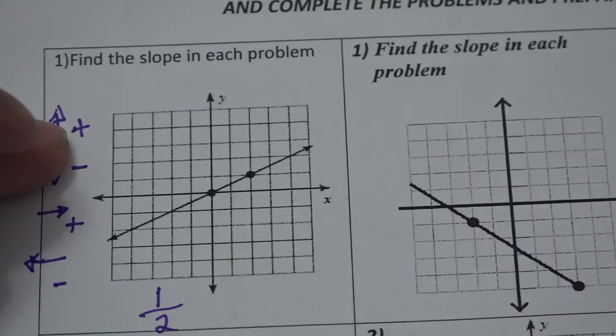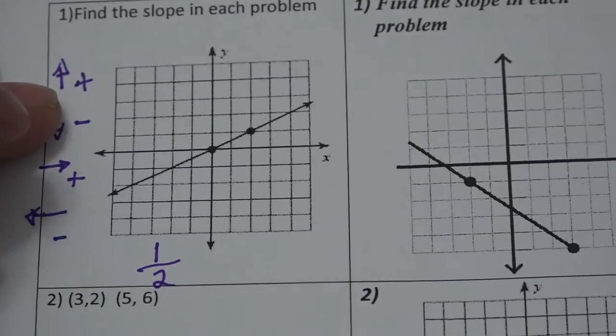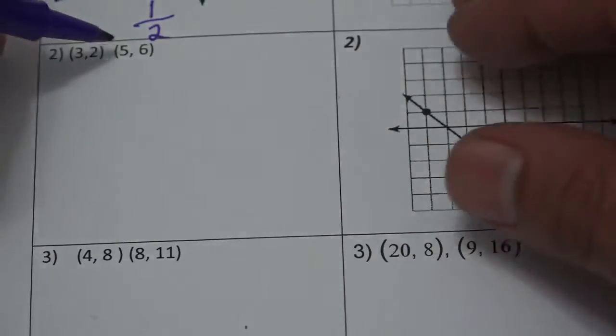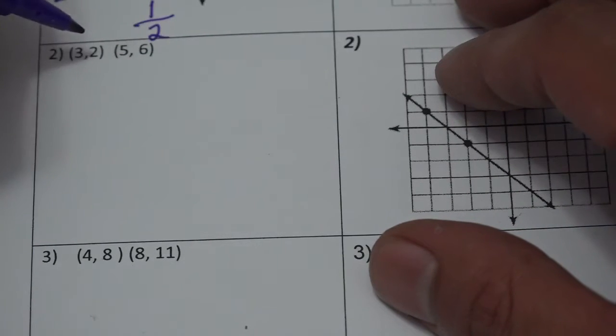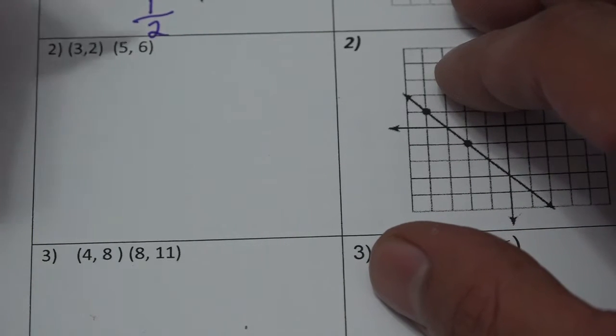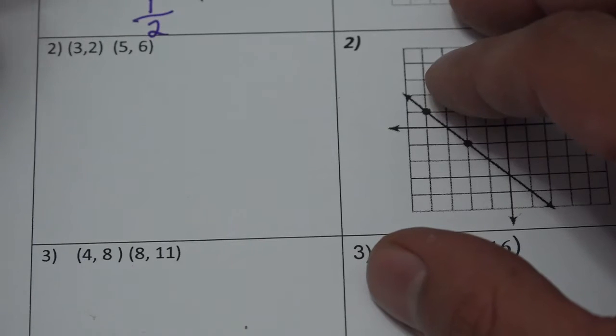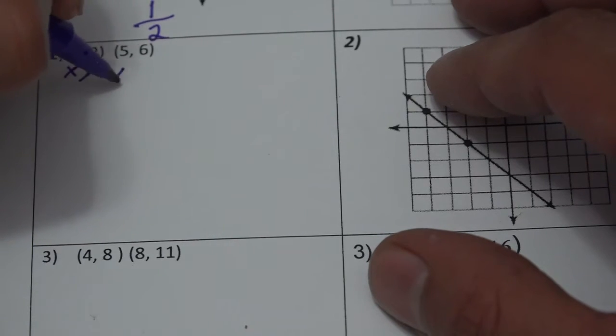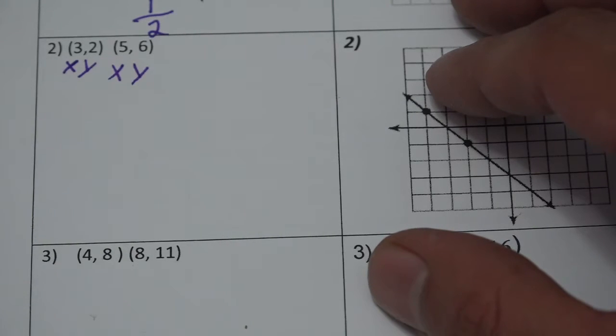Now let's do the next one. Find the slope between these 2 points. Sure. This time I need to do it algebraically. That's not a problem. I already know what the formula is: subtract the y's over subtract the x's. Let me label this x, y, x, y.